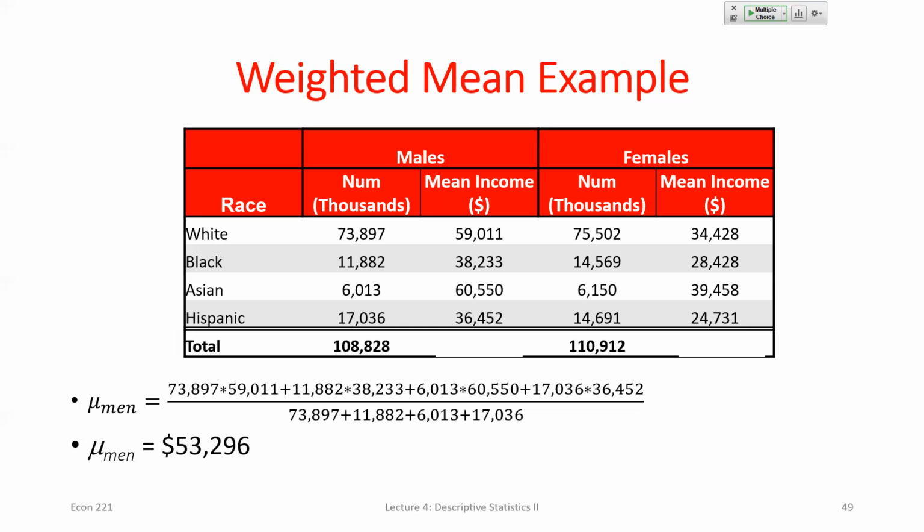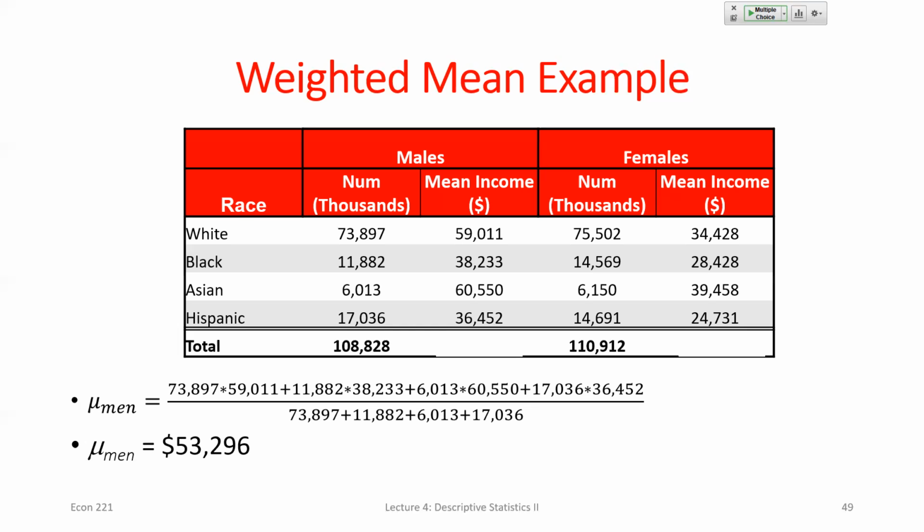If I was able to see the individual level data, there would be way more individuals, 73,000, that have incomes somewhere around that measure of central tendency of 59,000 for that group, as opposed to only 11,000 people around that 38. So whatever group we have the highest weight for, that's the one that's going to influence the mean the most.